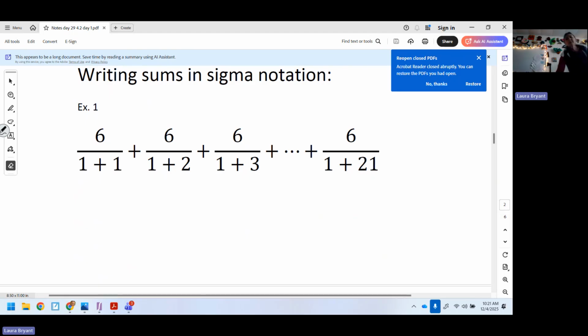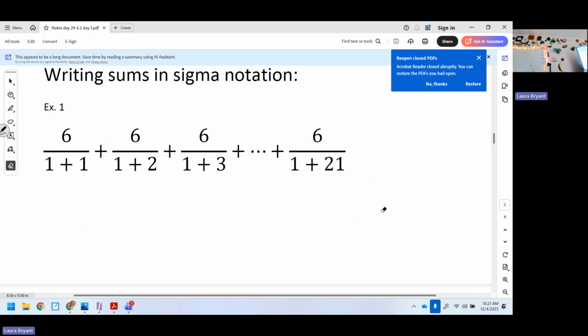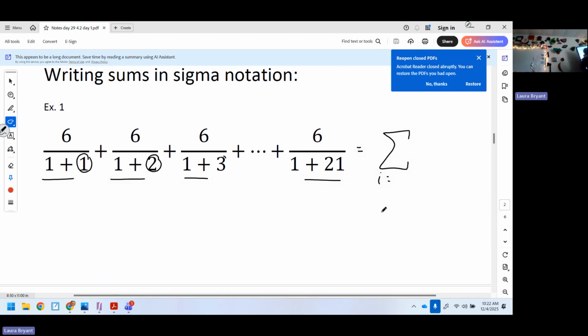So what I want you to do is first just draw your summation. And then look at each individual term and figure out what is the same and what is different? When I look at all of these fractions, the only thing I see that changes is this spot.